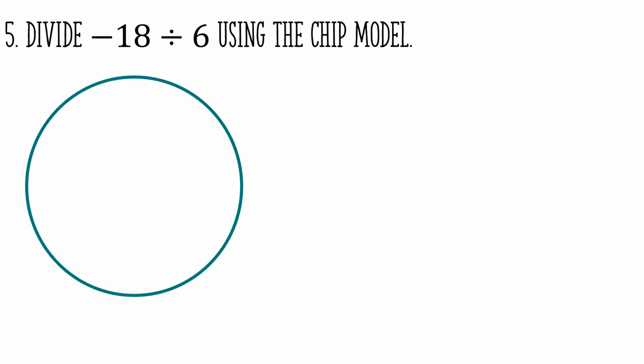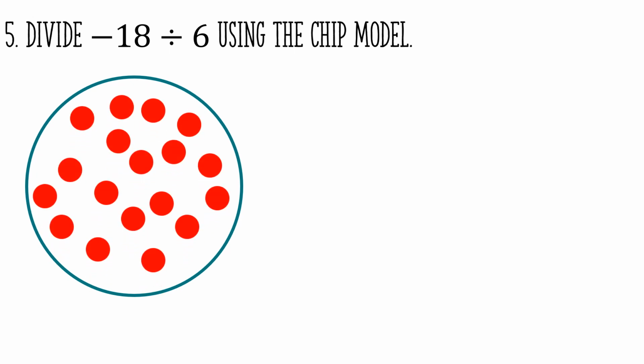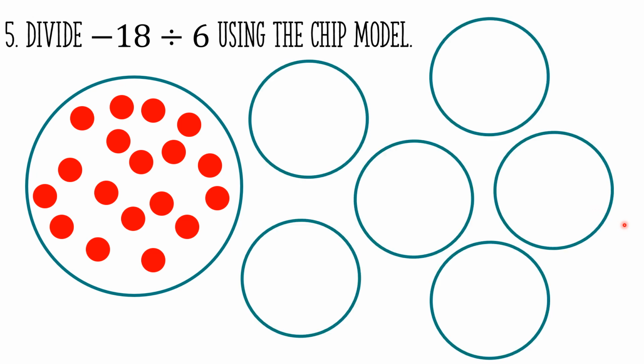All right, so I'm going to start off with 18 red chips. I'm using red chips because I know that red chips represent negative numbers. All right, and I am supposed to be partitioning these into 6 groups. So I've got my 6 groups here, and I'm just going to start one by one divvying them up.